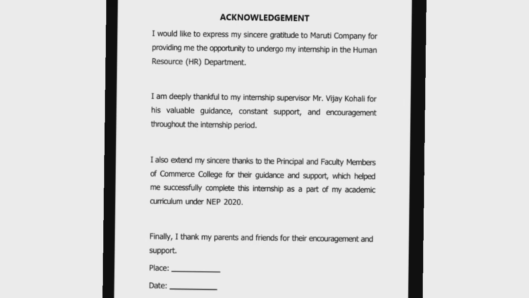So like this you can write it. Also, I am deeply thankful to the internship supervisor Mr. Vijay Kohli. You can write your supervisor's name and thank them for valuable guidance, constant support and encouragement. Okay, so this is the acknowledgement page, and also mention the date and place.